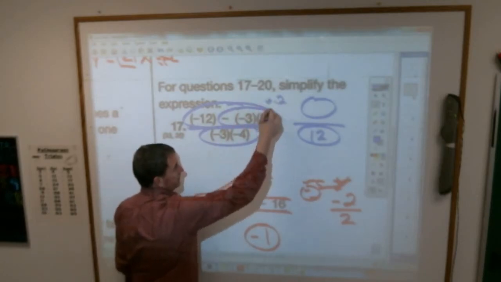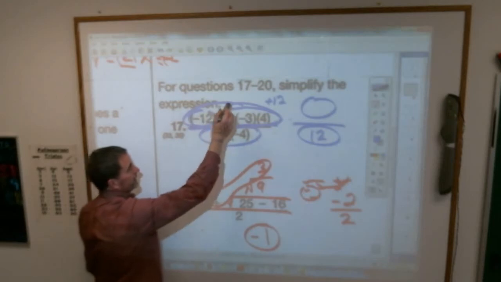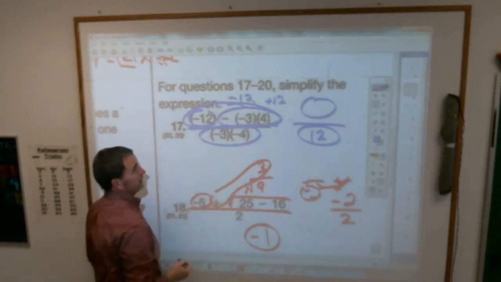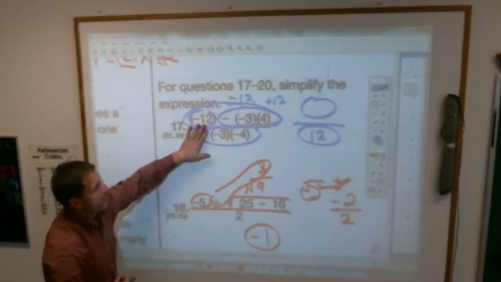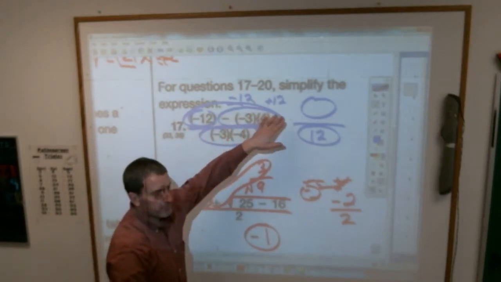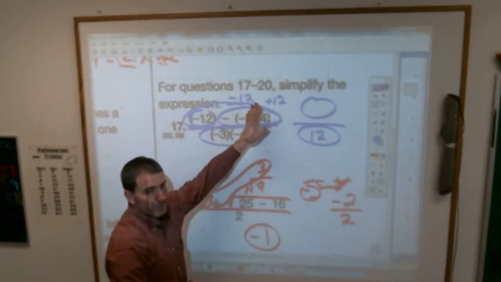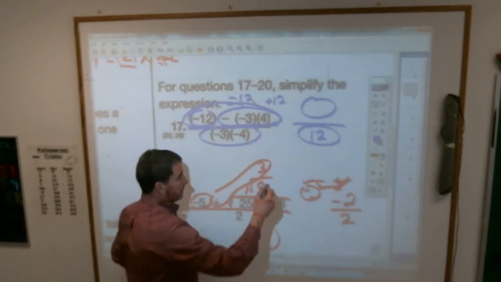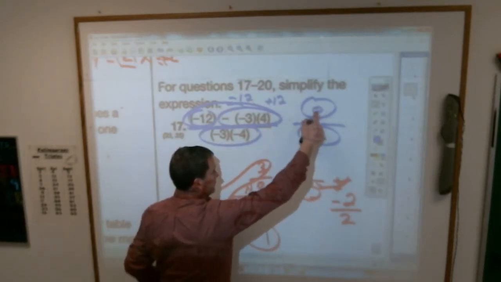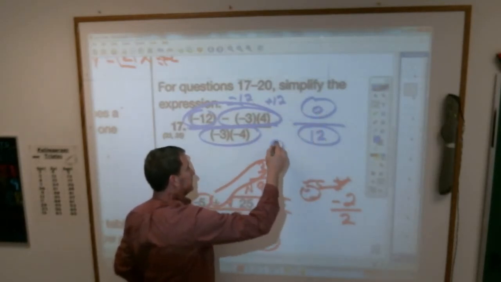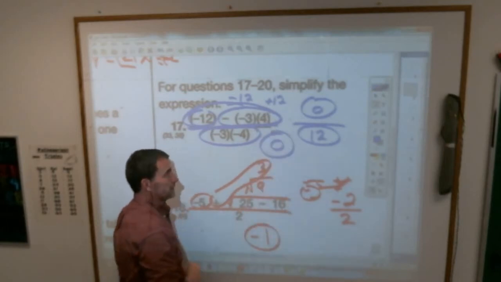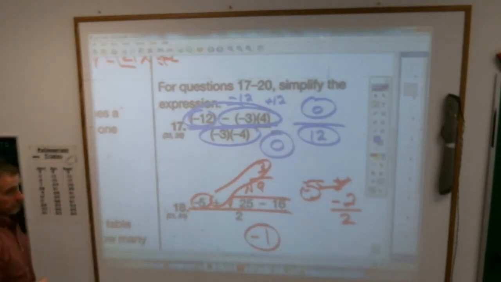This is a negative 12. What do you get when you put a negative 12 above with a positive 12 above? Negative 12 and positive 12 is 0. 0 divided by 12 is 0. 0 divided by anything is 0.